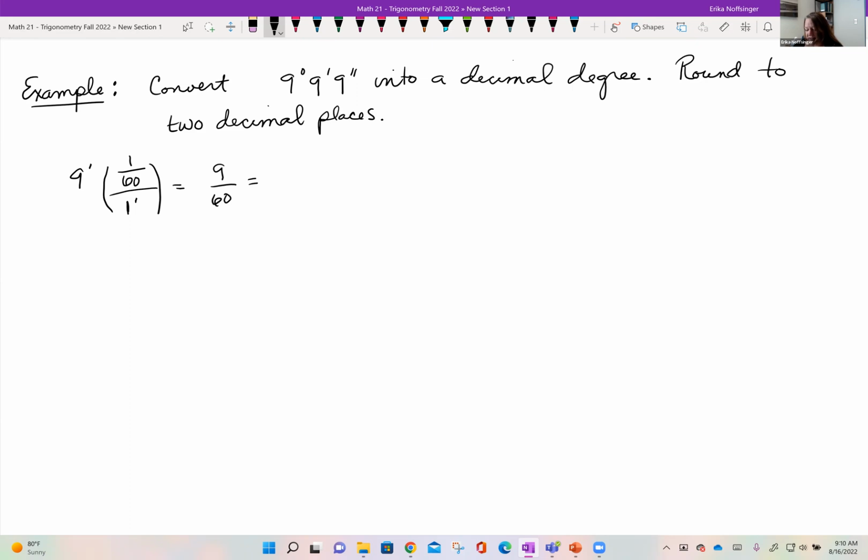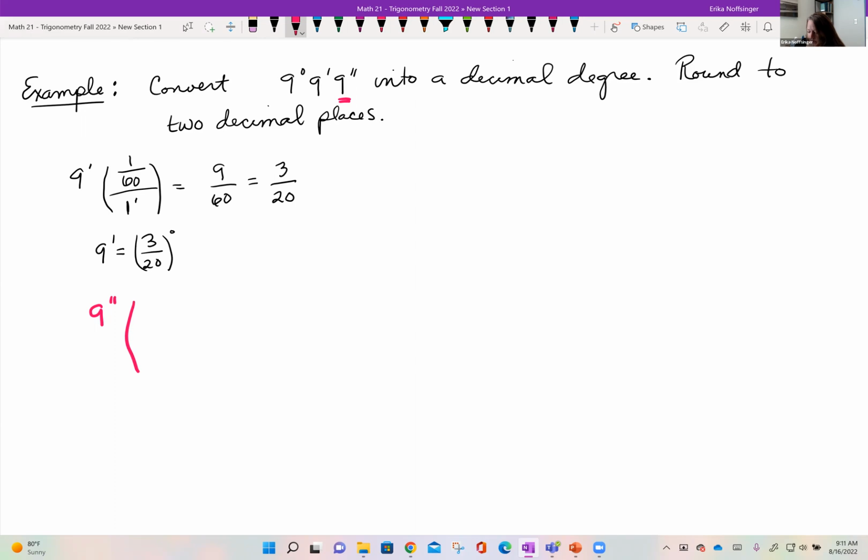Well, I know that they both have 3 in common, and so I could break this down as 3 goes into 9 3 times, and 3 goes into 60 20 times. So 9 minutes is equal to 3 over 20, or 3/20 degrees.